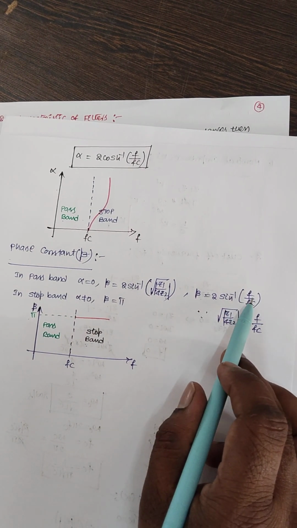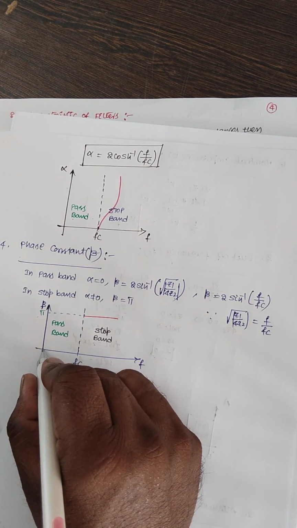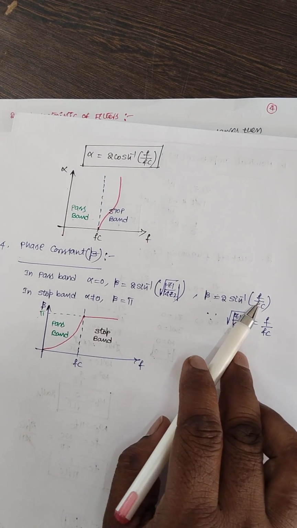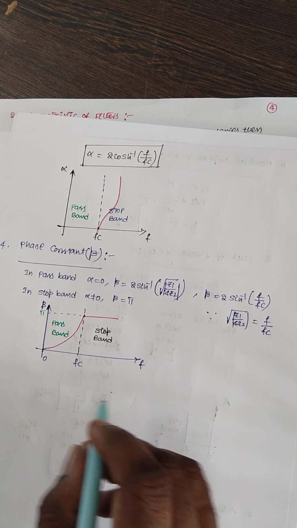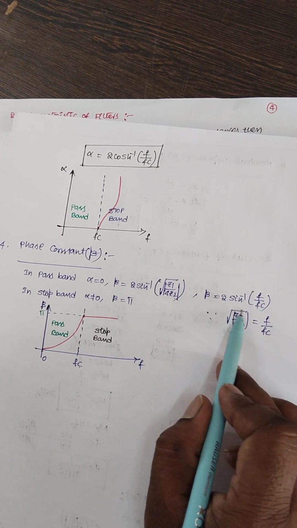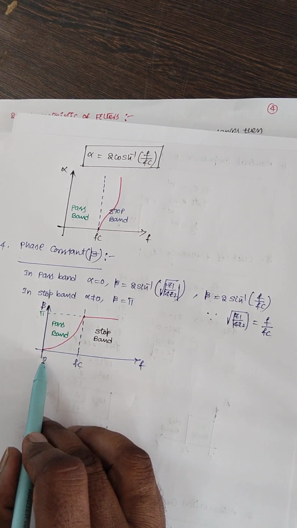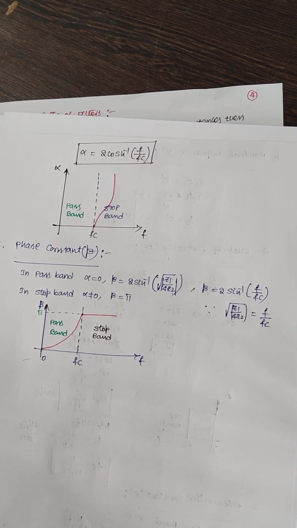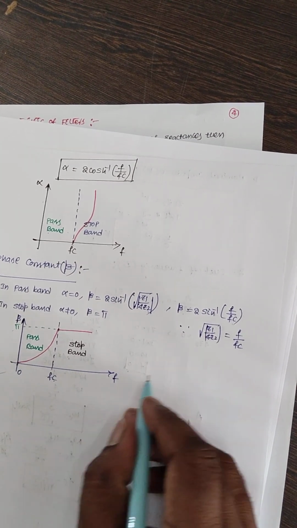So the sine inverse of f by fc expression will follow this type of graph. At f equal to 0, sine inverse of 0 is 0. At f equal to fc, sine inverse of 1 is pi by 2, and the 2 cancels, giving pi. Between 0 and fc, the graph follows a curve like this. This is how we draw the graph between beta versus frequency.